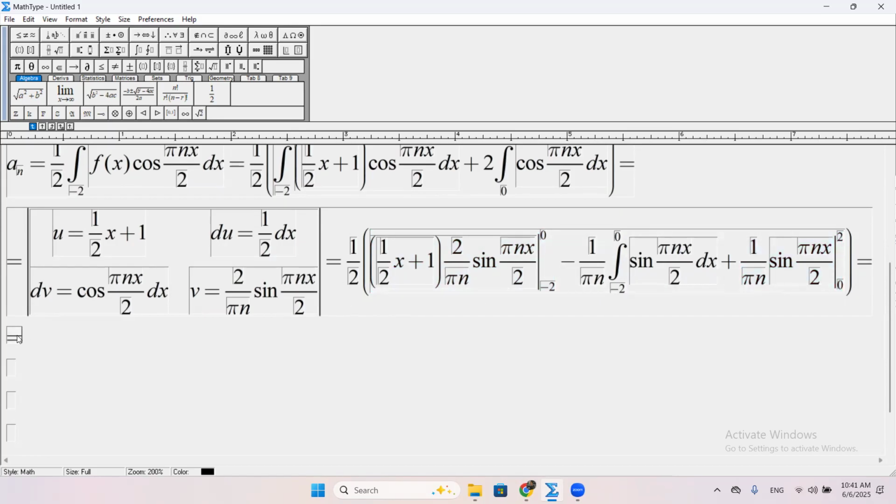So the expression is simplified a lot. So we will have 1/2 P n minus 1/2 P n, and the sine of this expression.